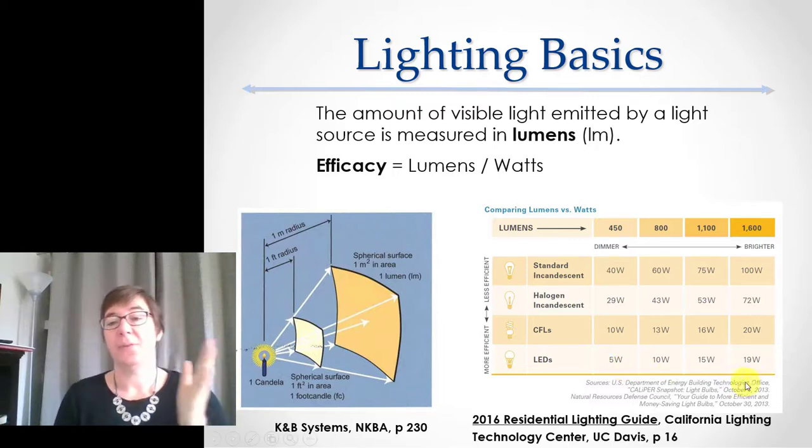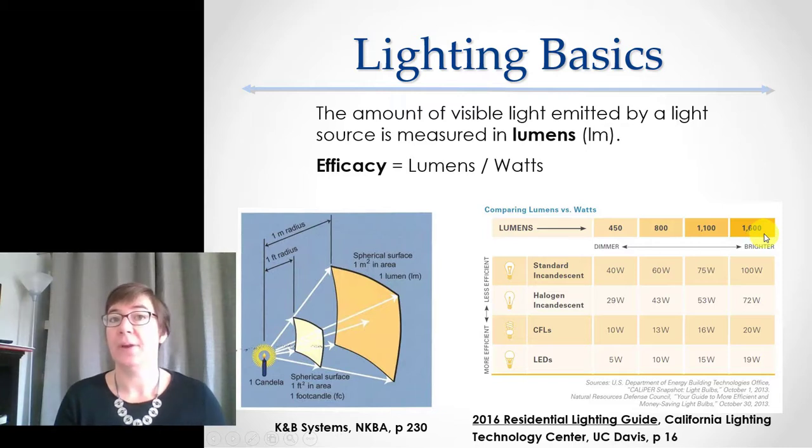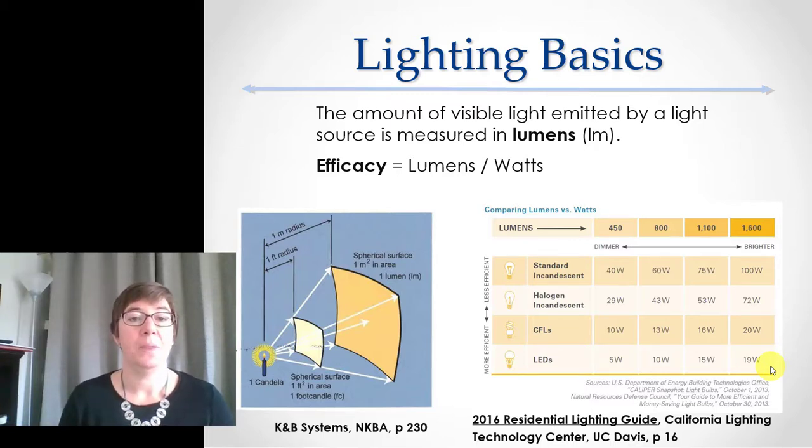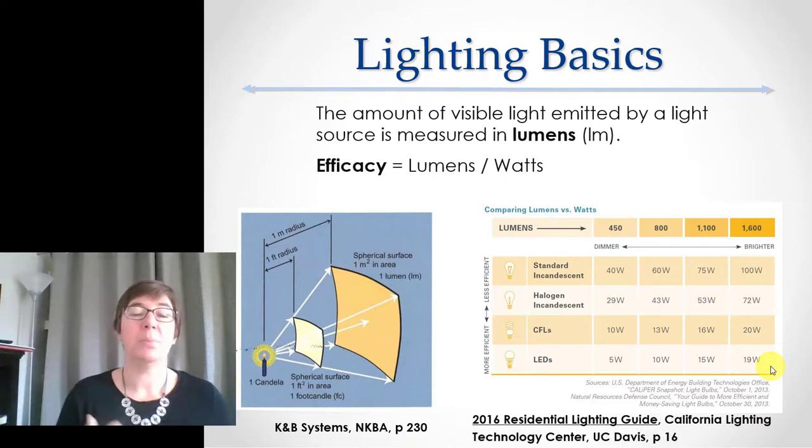If we slide down to the brighter side of the scale, to produce 1600 lumens of visible light, an LED will use only 19 watts of energy. So if we compare these two types of light sources, standard incandescent versus LEDs, you can tell that the LEDs have a much higher efficacy, there's that word again, of lumens per watt.